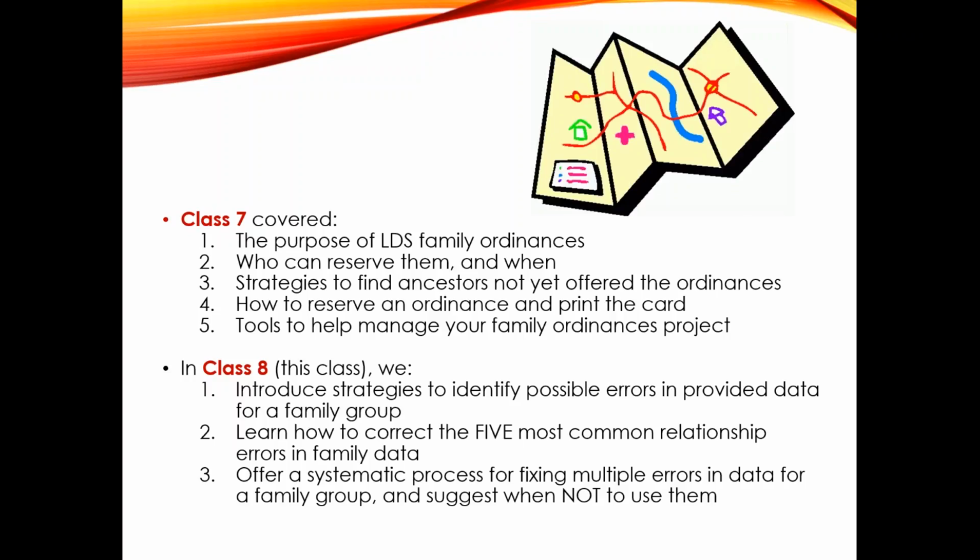It's hard to believe that there are really so few of them because you see them in so many different guises, but when it comes right down to solving them, there are actually only about 5 that occur frequently. And finally, we're going to offer a systematic process for fixing multiple errors in data for a family group and suggest when not to use them.